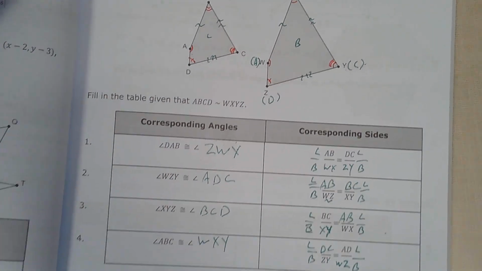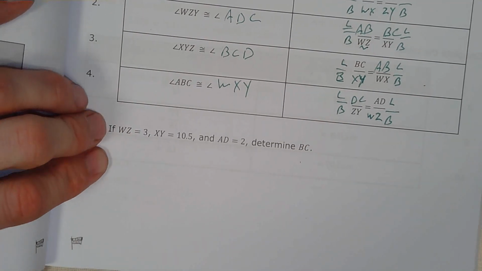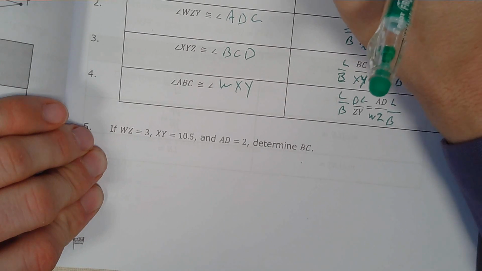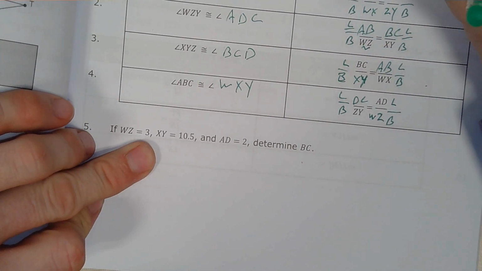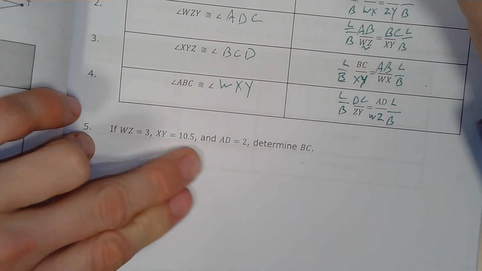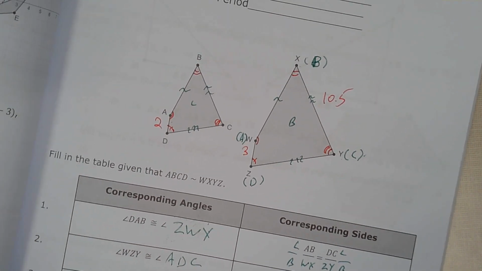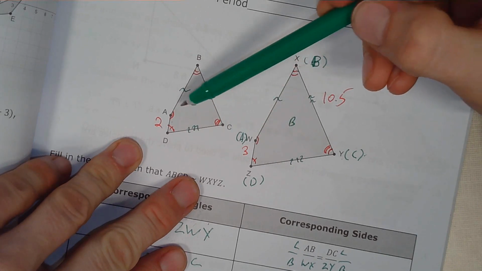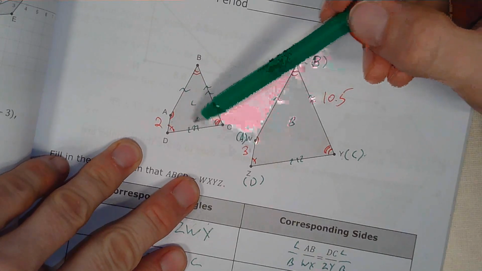All right, so next I have these values. I have WZ, I'm going to mark these up, is 3. XY is 10.5. AD is 2. So I mark those up, and I'll go up here and do the math. Okay, so you can see that the only ones that I have a proportion to is AD and WZ, right?